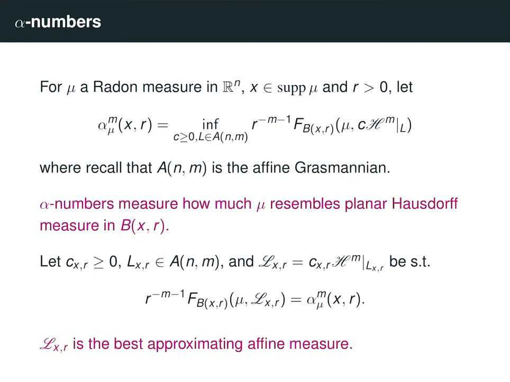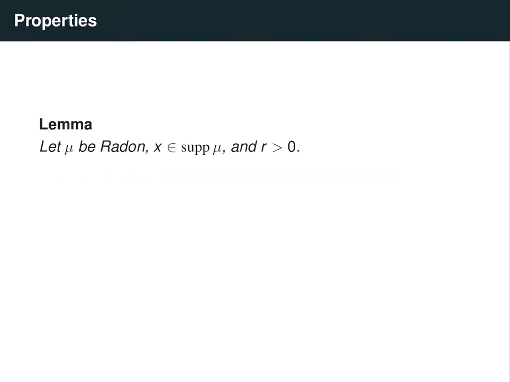In short, whenever you see curly L(x,r), this denotes the best approximating m-dimensional affine measure to mu inside the ball B(x,r).